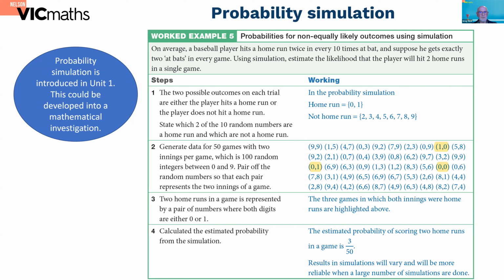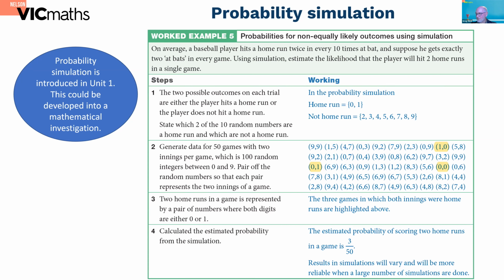And then all we need to do is to say, well, if that's 2 in every 10, we need to allocate 2 of those random numbers between 0 and 9 to being a home run. And then the other numbers where he doesn't hit a home run. And then we can generate random pairs of numbers. In this particular case, they've generated 50 games and then use those 50 games to determine those probabilities.